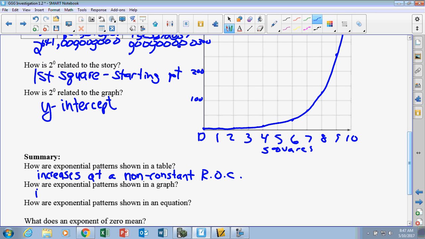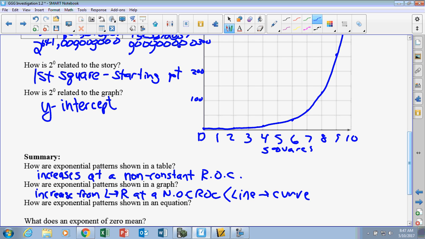So it increases from left to right at a non-constant rate of change, right? This line is a curve. It's not a straight line. It's a curve.